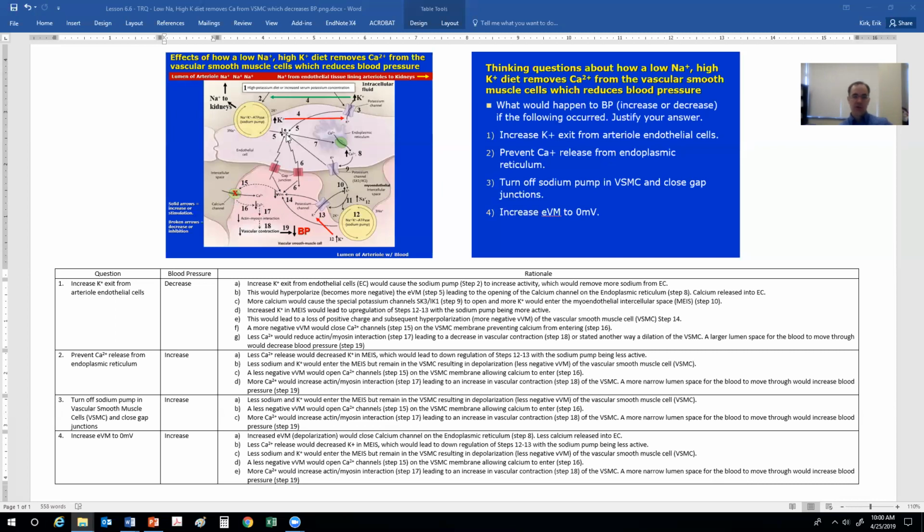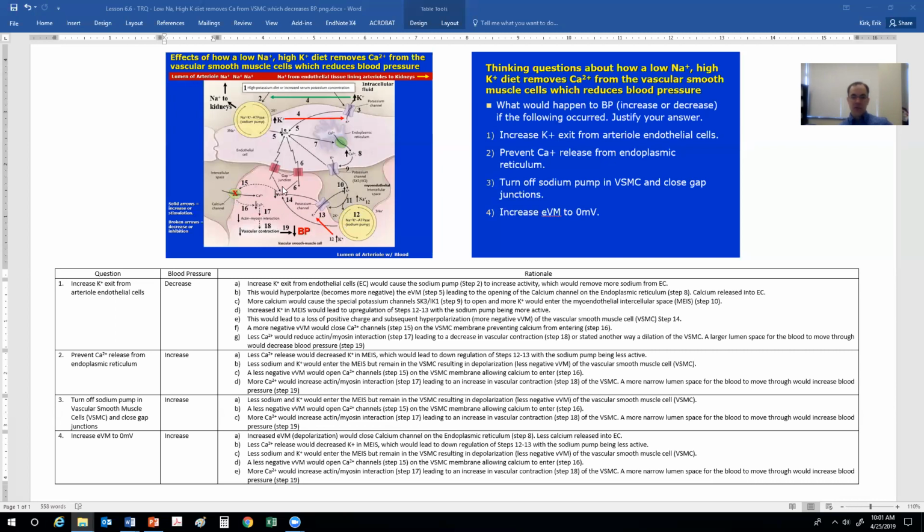What happens if you increase the EM to 0? So you'd have the depolarization would occur in the endothelial cell. By doing so, then this would prevent the endoplasmic reticulum calcium channels from opening. Less calcium would enter the endoplasmic reticulum. These potassium channels would remain closed, therefore less potassium inside the intercellular space, and therefore the sodium pump would not work as efficiently, so sodium would remain in the vascular smooth muscle cell.